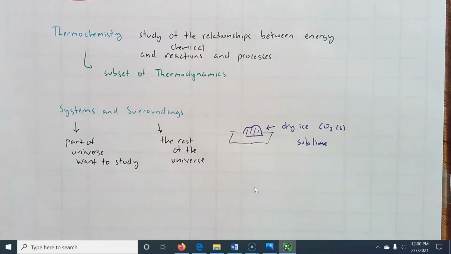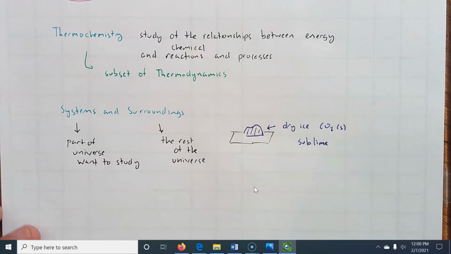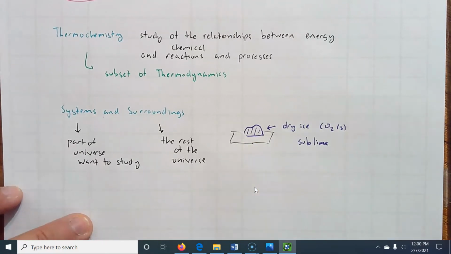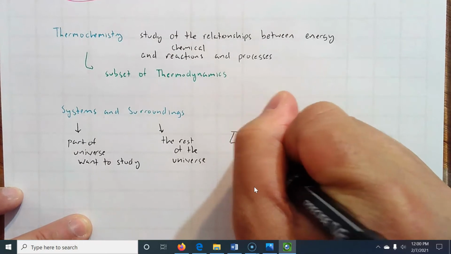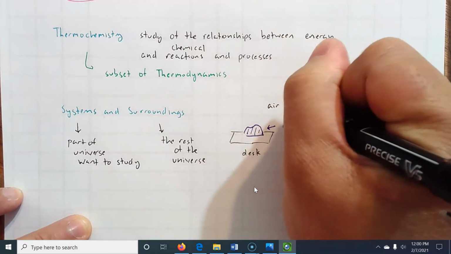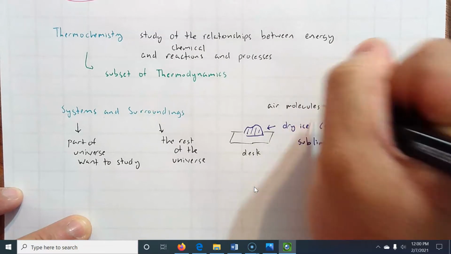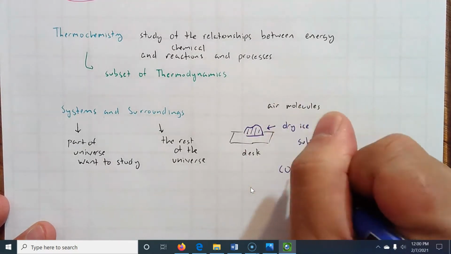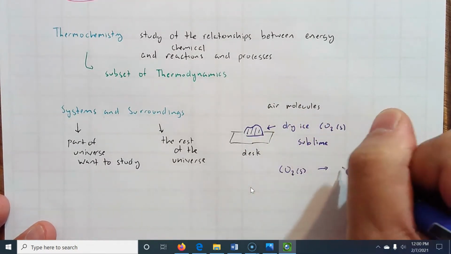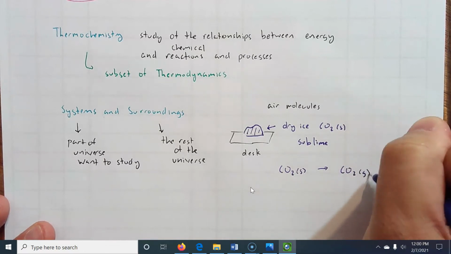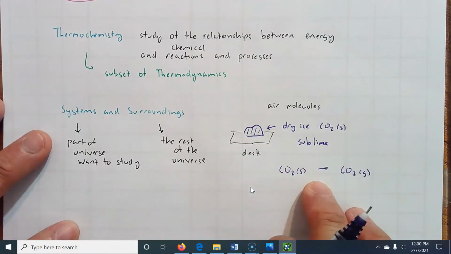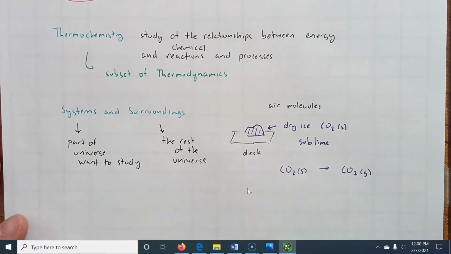But for this, I think it makes more sense that the dry ice is the system, and what's the surroundings? The desk, the air molecules. I think that's about it. And the system itself is the CO2 going from solid to gas. I would call this a process rather than a chemical reaction. It's just a change in the phase.